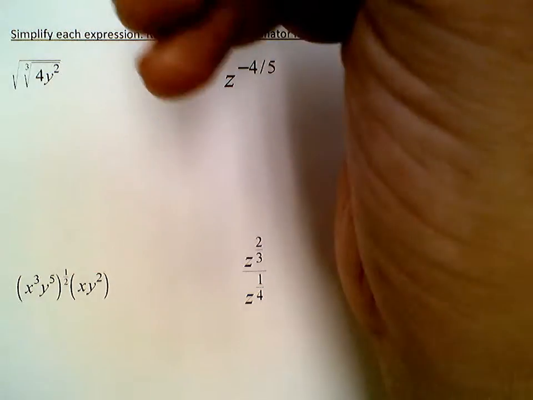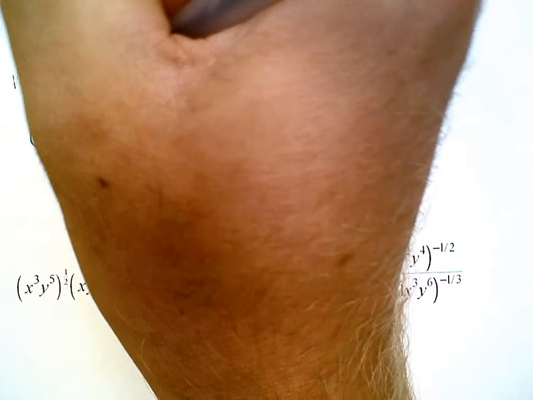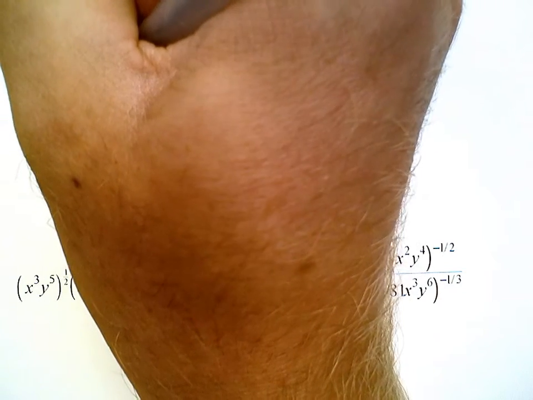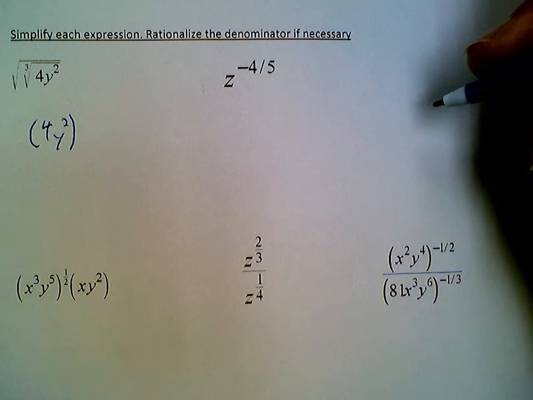So let's think about what this means. So square root of cube root of 4y squared. So I've got 4y squared. So what does a cube root mean? Well, a cube root means you're taking something to the 1/3 power.